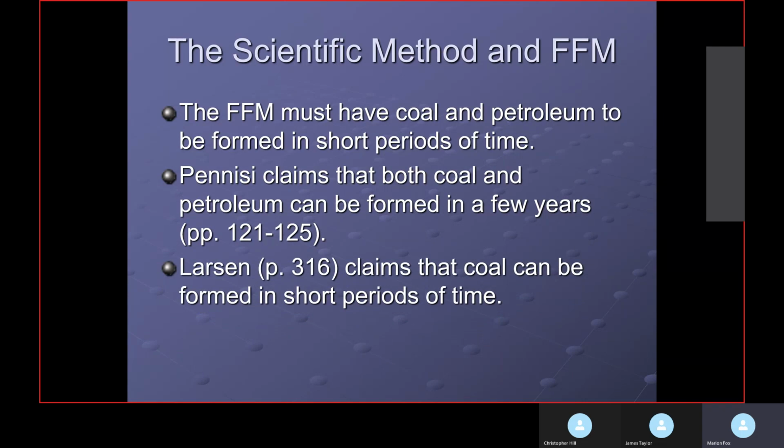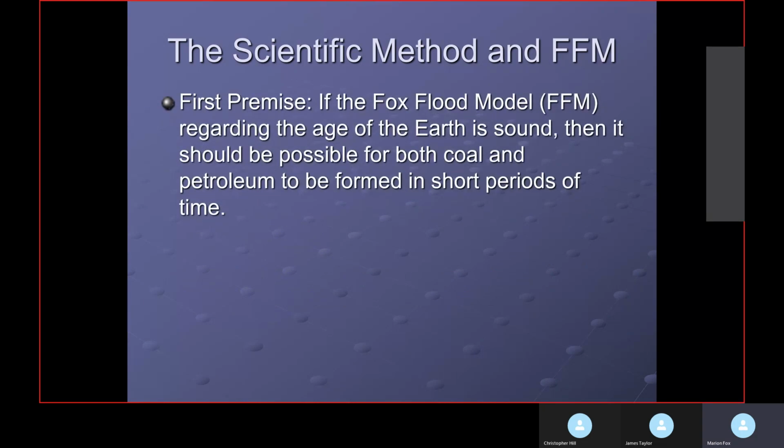Larson, page 316, claims that coal can be formed in short periods of time. So we have both coal and petroleum. And coal, Larson is dealing with coal, Nietzsche is dealing with both of them. Now, if the Fox flood model regarding the age of the Earth is sound, then it should be possible for both coal and petroleum to be formed in short periods of time.